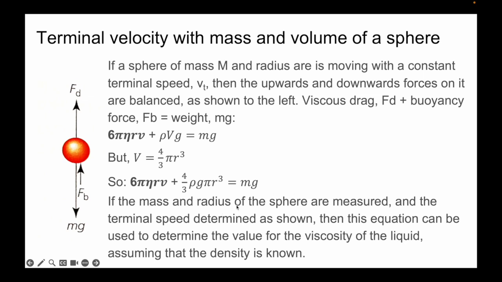If the mass and the radius of the sphere are measured and the terminal speed is determined, then the equation can be used to determine the viscosity of the liquid. This could be done in an experiment, assuming the density of the fluid is known, and that density would be the rho here. Sounds like a good IB question to me.